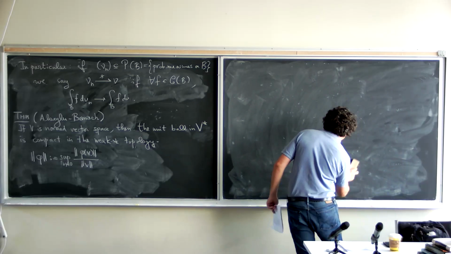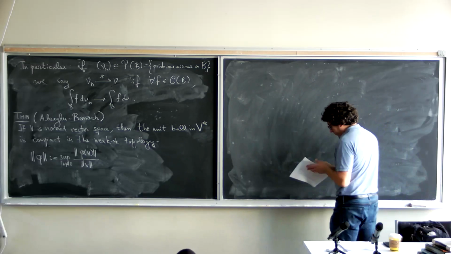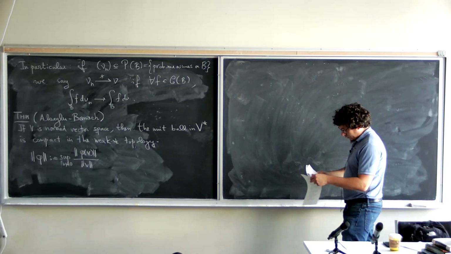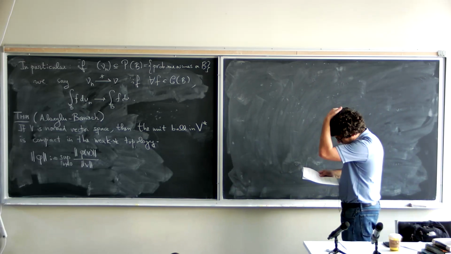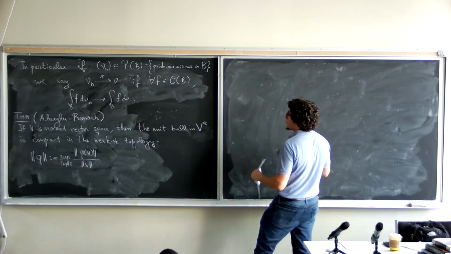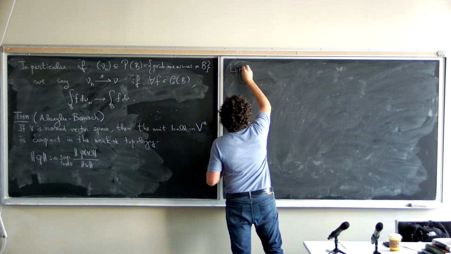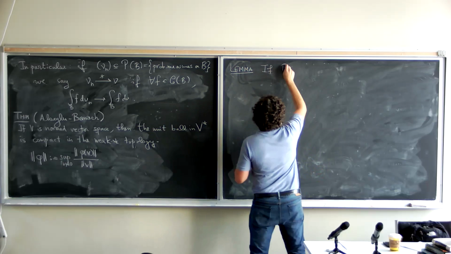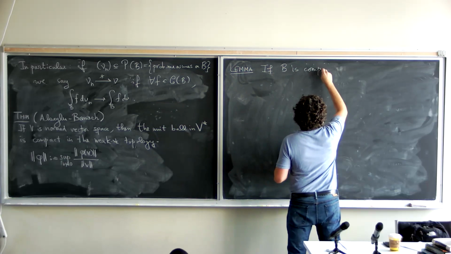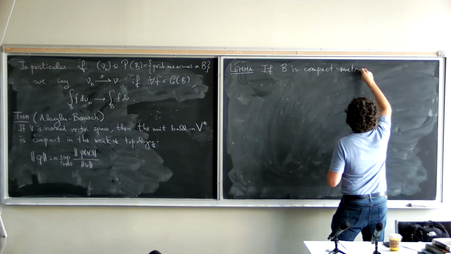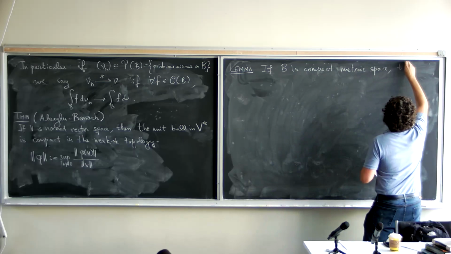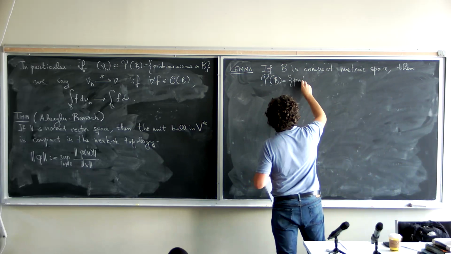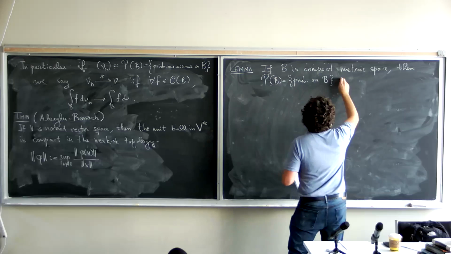So given that we can prove the existence of stationary measures, right, before that we need another lemma, which is very useful: if B is a compact metric space, then the space of probability measures P(B) is also compact.